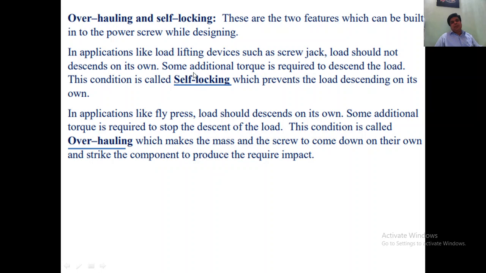You want that to be locked. So that screw has to lock the load and prevent it from descending. That is called self-locking. Whereas in a fly press, we want the load to descend from a higher level to a lower level freely, without applying any external force or torque. That condition is called overhauling.